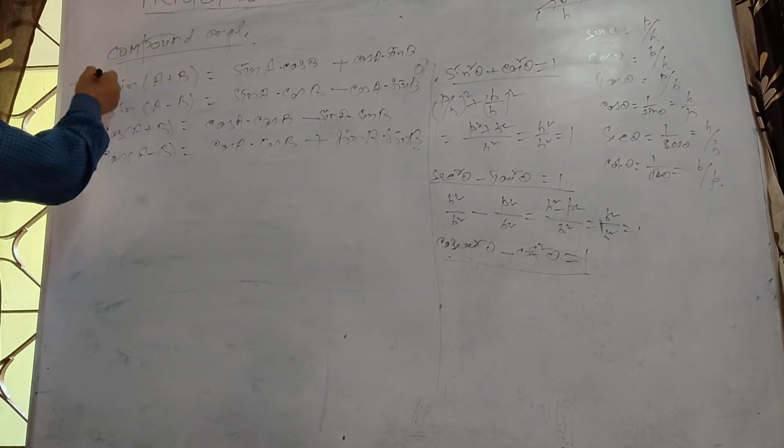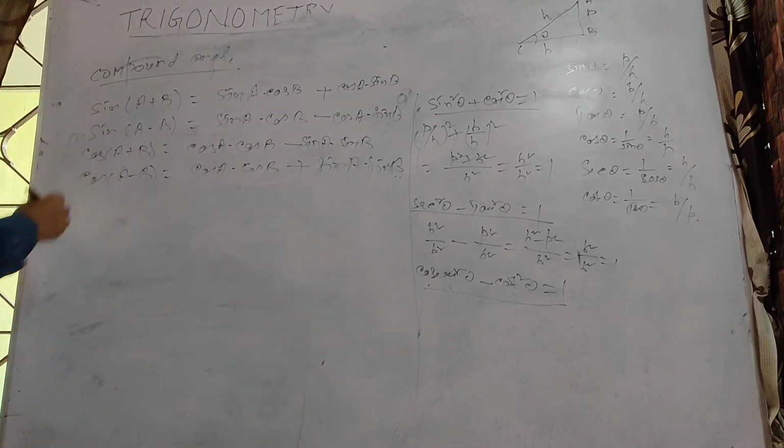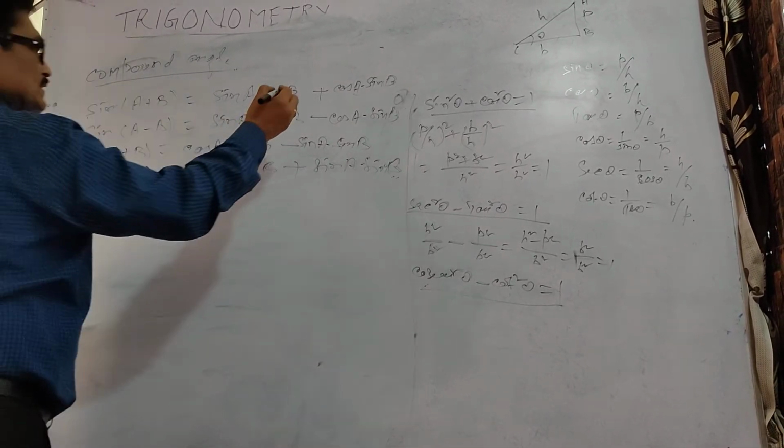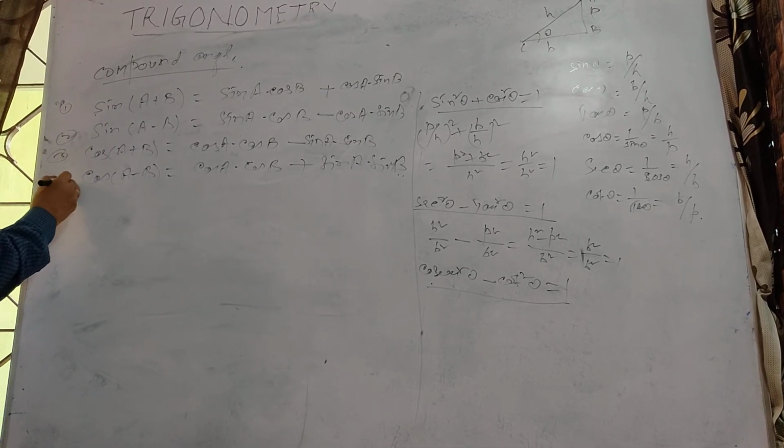Here, this sin A plus B and sin A minus B, we add this first result, second, third, and fourth.